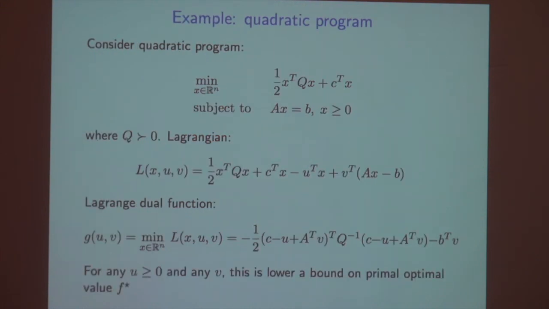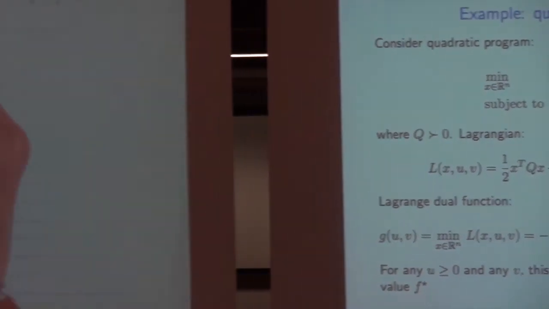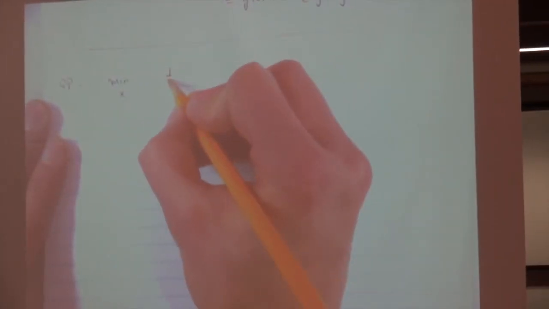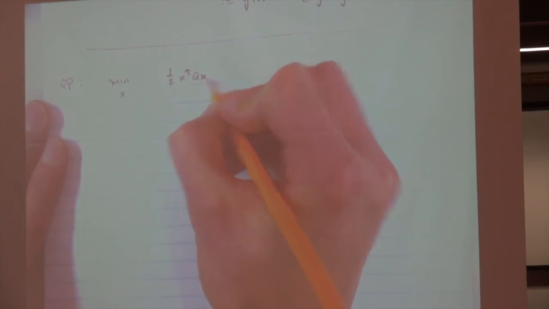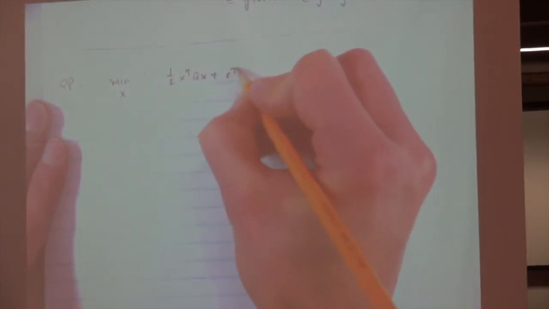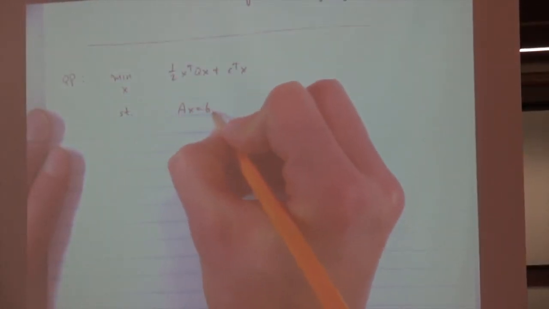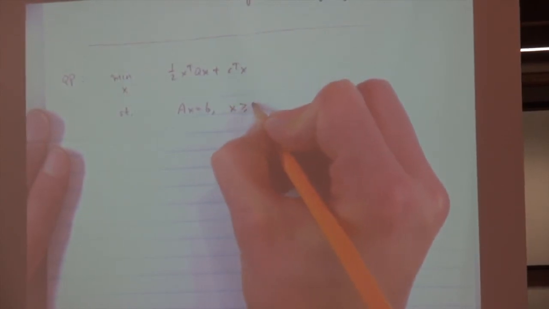So here's an example just to get ourselves grounded. Let's try to derive the Lagrange dual function for a quadratic. The QP looks like this: minimize over all x some quadratic function, subject to Ax equals b, and x being bigger than or equal to 0.